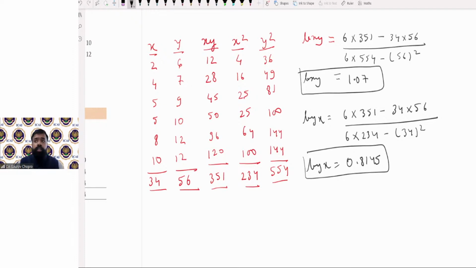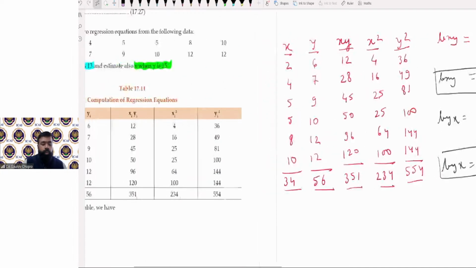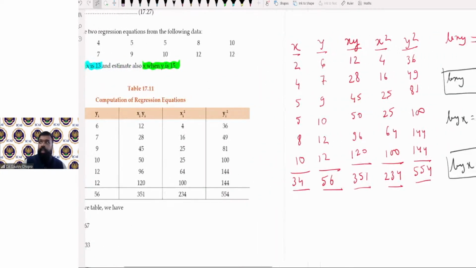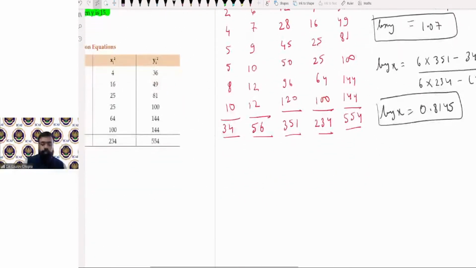Now what is our requirement? Our requirement is to find the value of y when x is 13. Okay, this we have to calculate. तो जब भी आपको y फाइंड करना है, use the equation y on x.